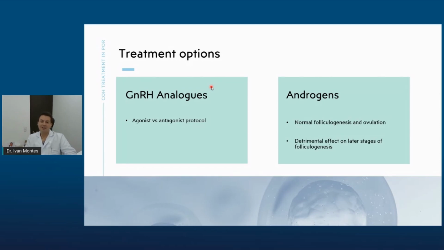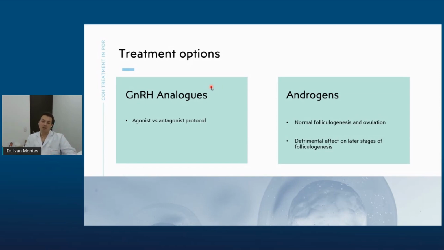And apparently the problem is the detrimental effect on later stages of folliculogenesis. So we can conclude that androgens for this type of patients don't cause a sensational or even a very significant improvement, but they might help. And the stage where they might help is before the ovarian stimulation treatment.